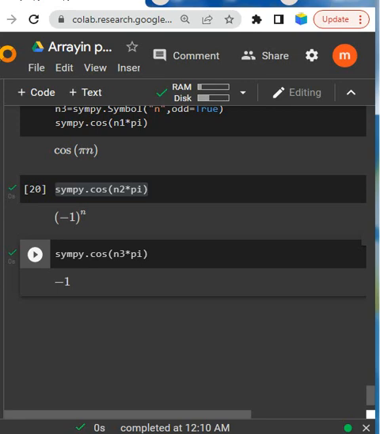So using Python tuple unpacking, I have already discussed this syntax, together with a call to sympy.symbols.